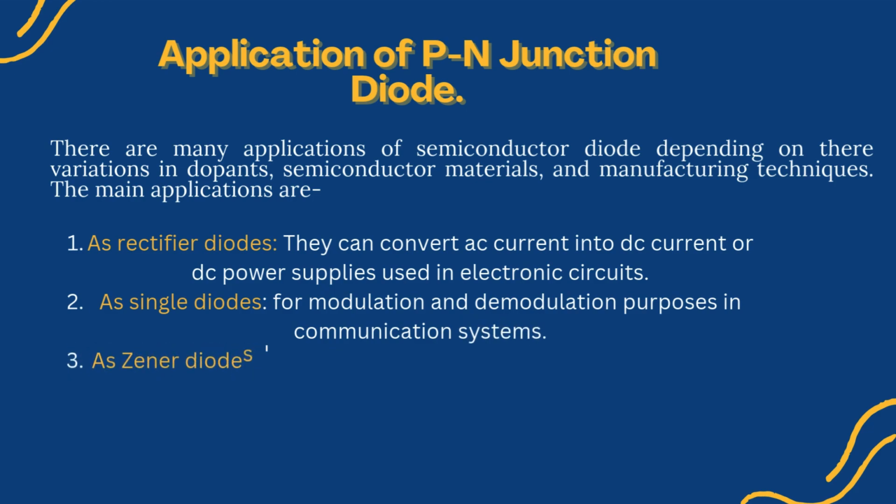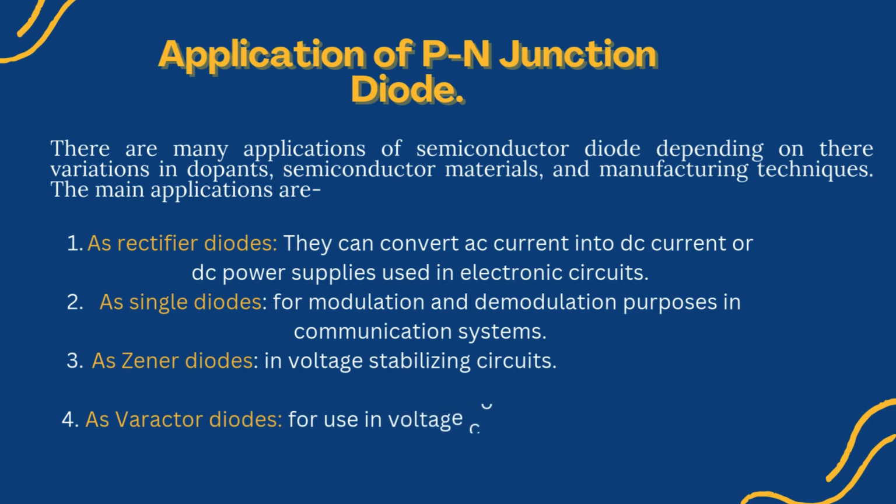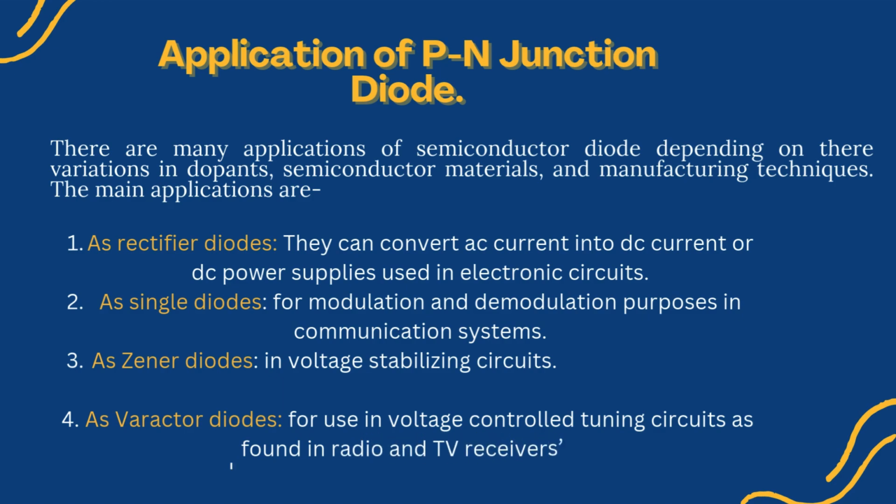As signal diodes for modulation and demodulation purposes in communication systems. The third application is as Zener diodes in voltage stabilizing circuits. The next application is as varactor diodes, which are used in voltage controlled tuning circuits as found in radio and TV receivers. And next, they are used in logic circuits in computers.